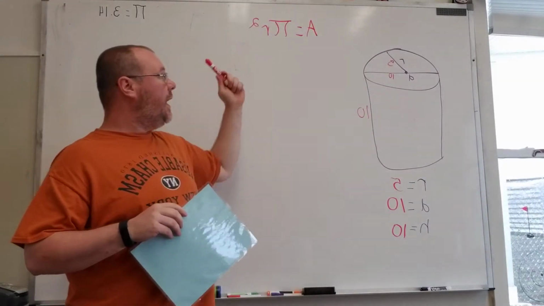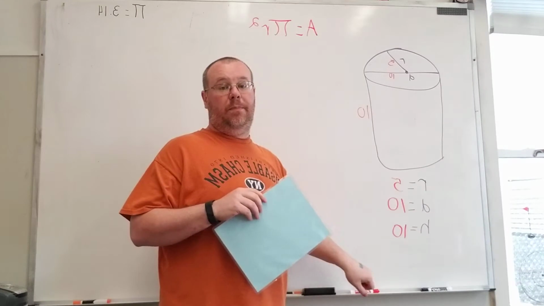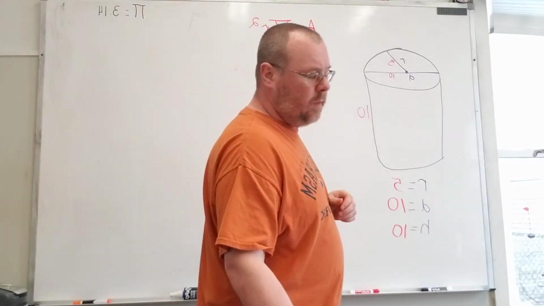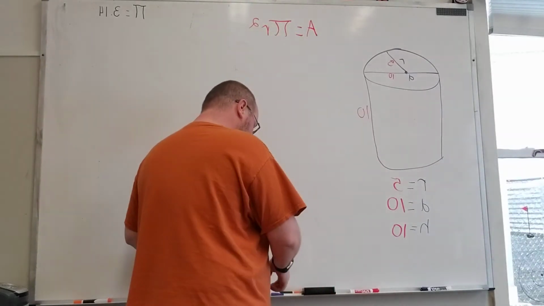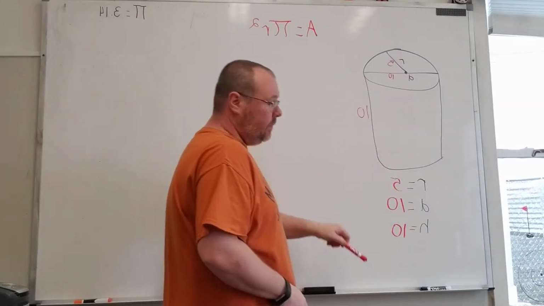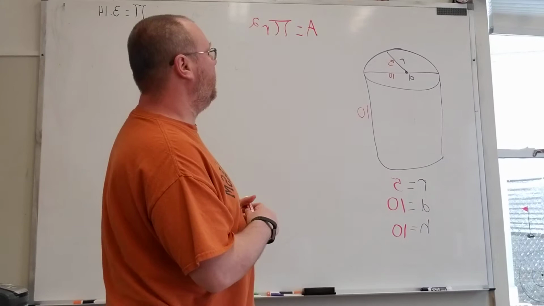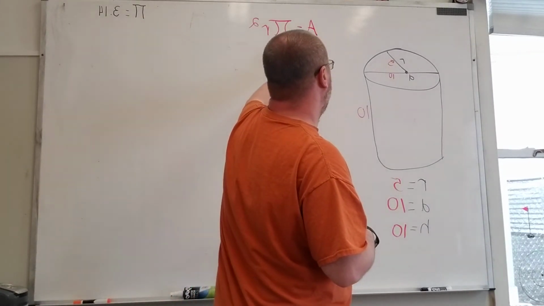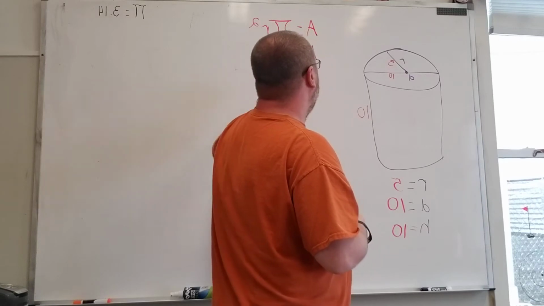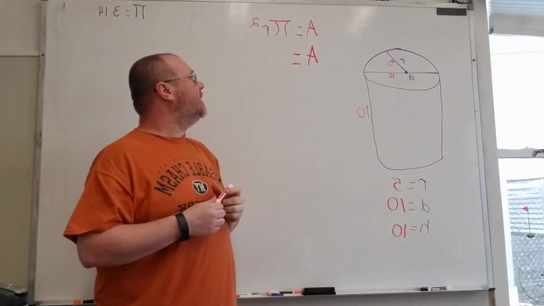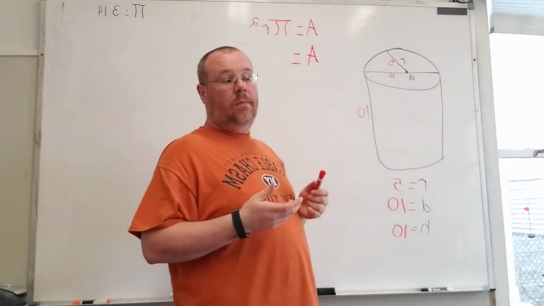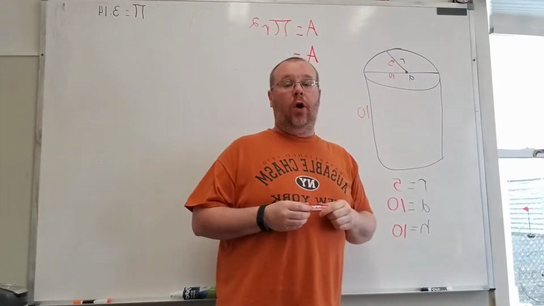So now that we have our formula, we can start plugging in the various numbers. We're going to bring down our A. We don't know what the area is yet. That variable we do not know. That is an unknown. The pi is a constant. It does not change. What is pi? 3.14.